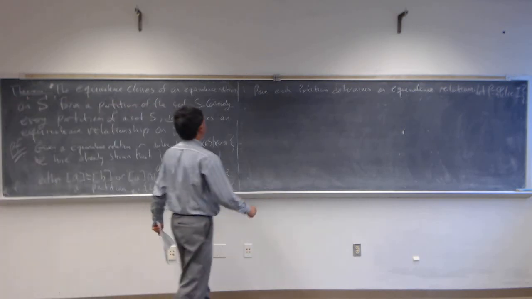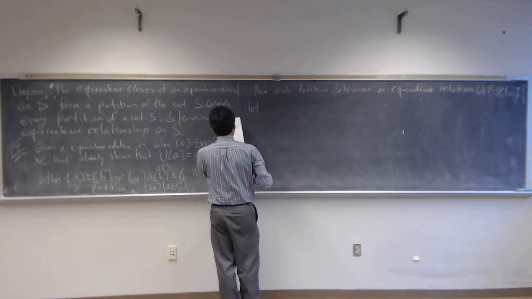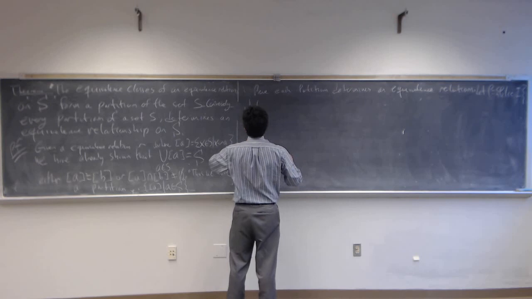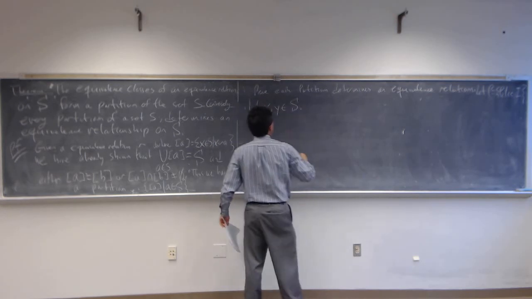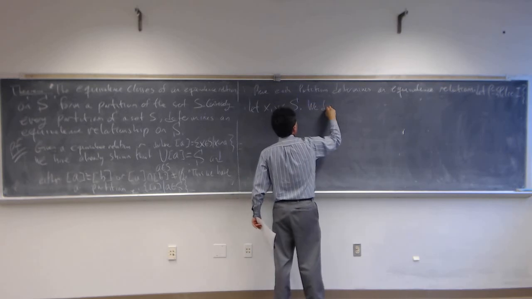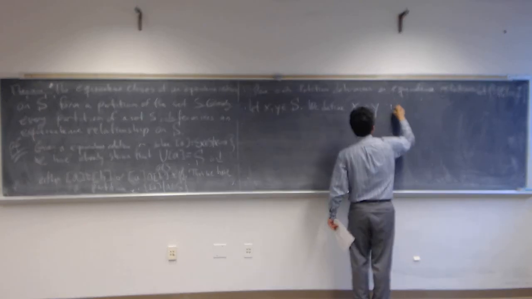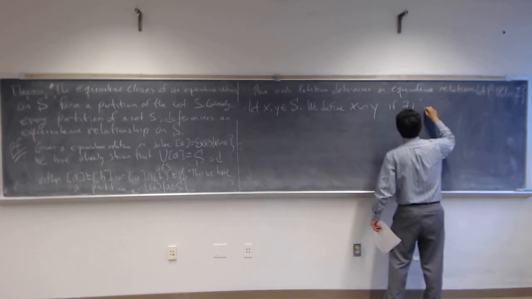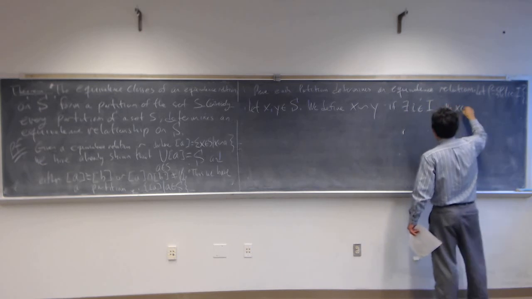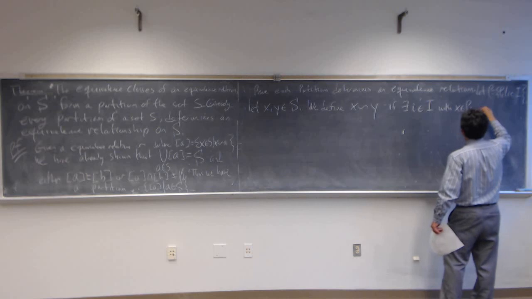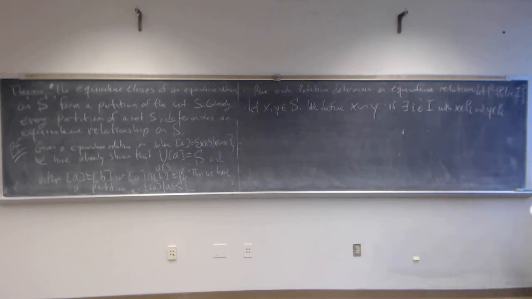Let x, y be in S. We define x is related to y if there exists an i in the index set with x in P_i and y also in that same P_i.